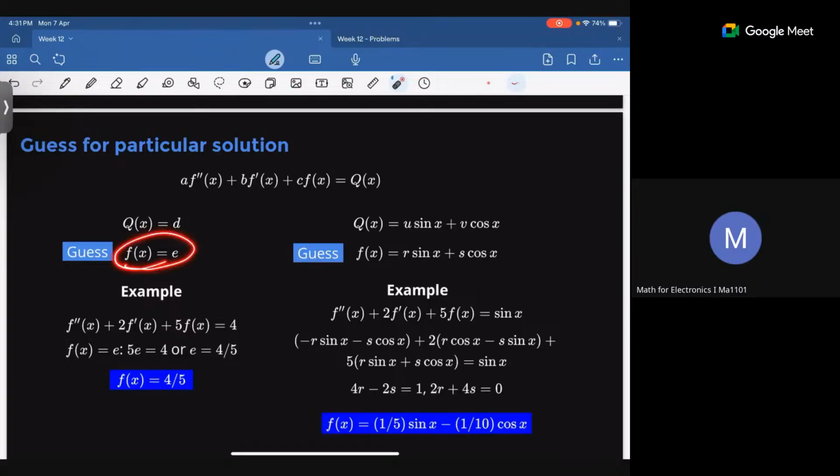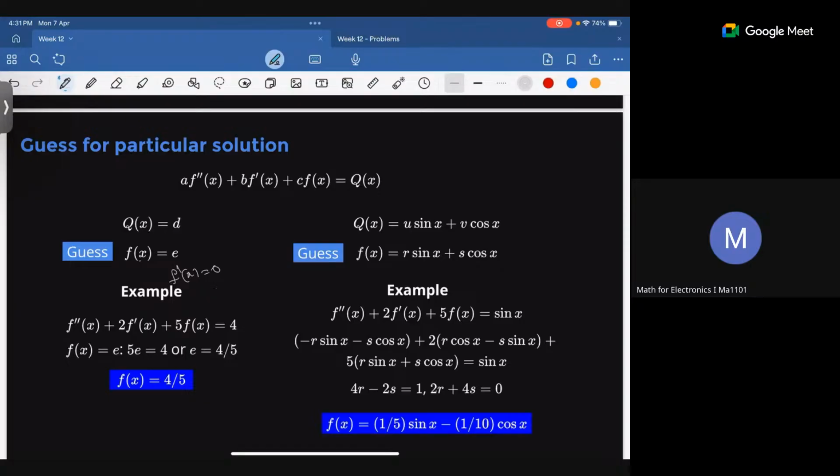Once you have this guess, we did this previously also, right? Once we have f of x, we can find f prime of x and f double prime of x and then substitute it here. So for example, if we have a second order ODE, non-homogeneous case, and the right hand side is 4, our guess is another constant which is E. Once f of x is E, f prime of x will be 0 because f of x is a constant.